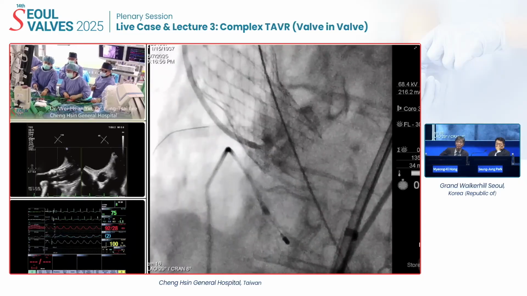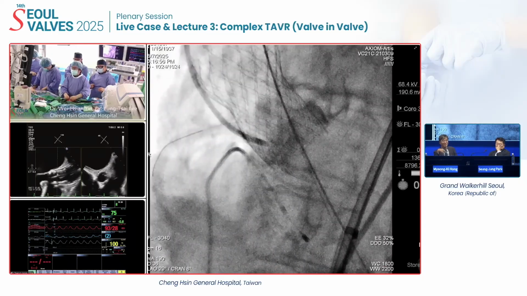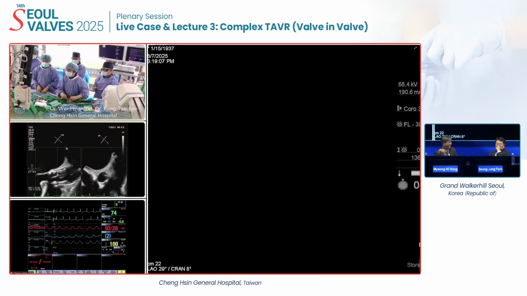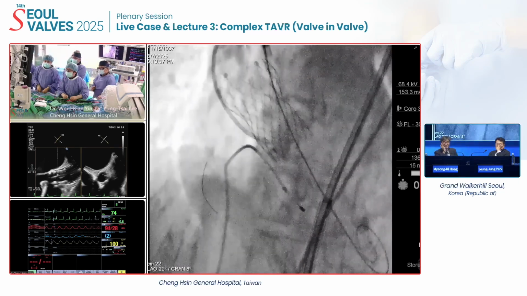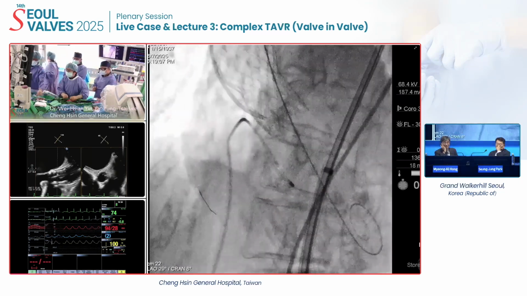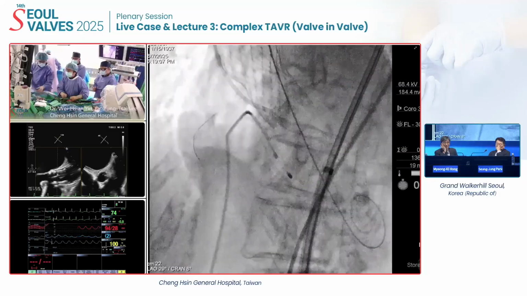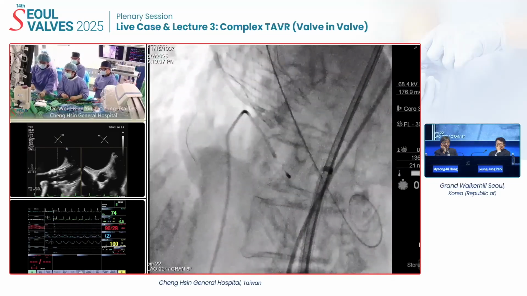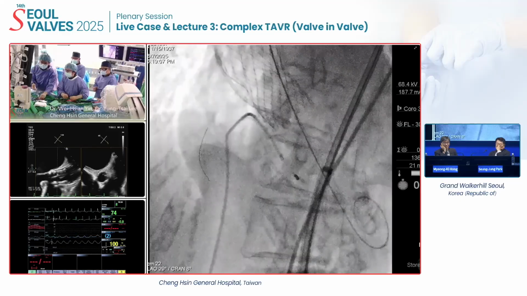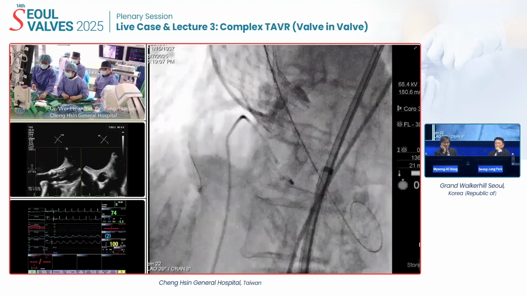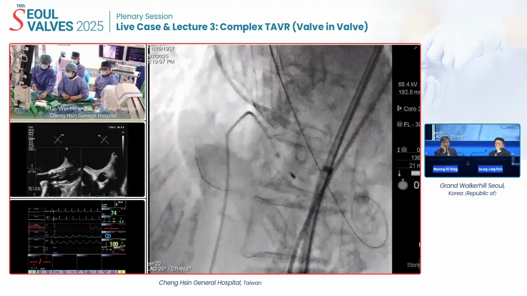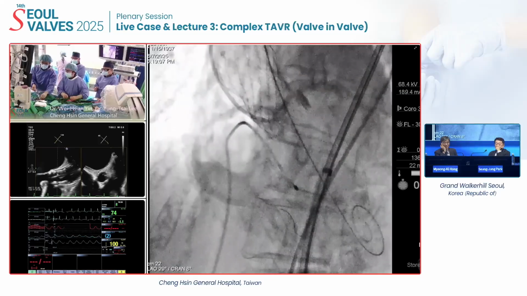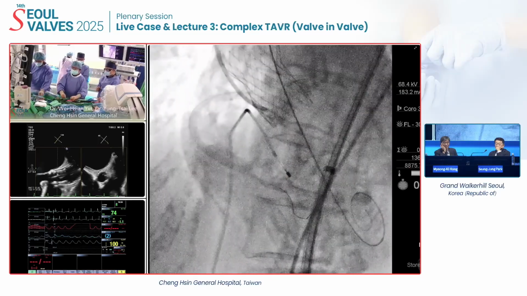Good. All right, we have already got into the right coronary. Deeper, I think. Deeper. Side branch. Side branch. Okay. Main trunk. All right.